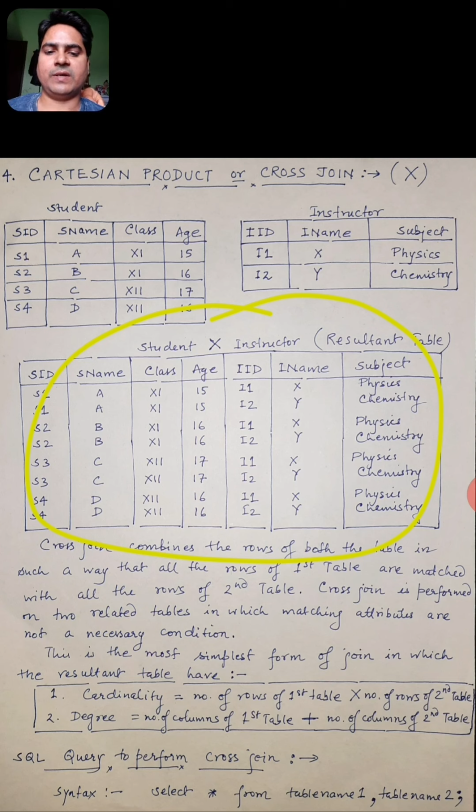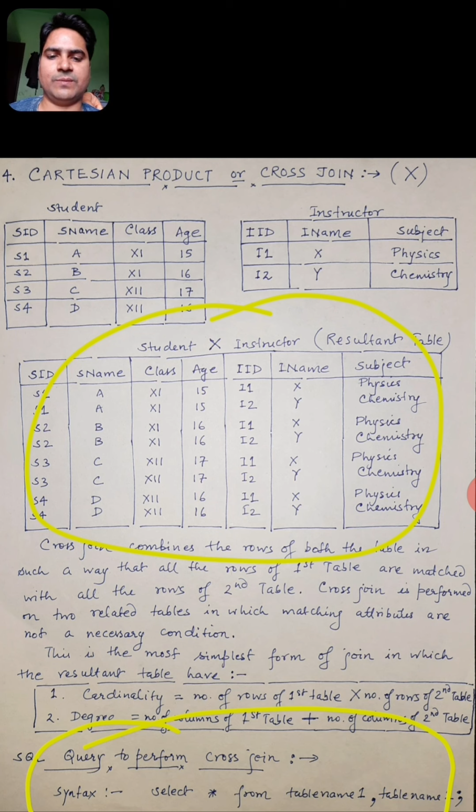Generally, the SQL query will not be asked in the exams, but there is a simple query. Here you can see the syntax. Select star from table 1, comma table 2, both the tables. Star means all the attributes. All the attributes are selected.